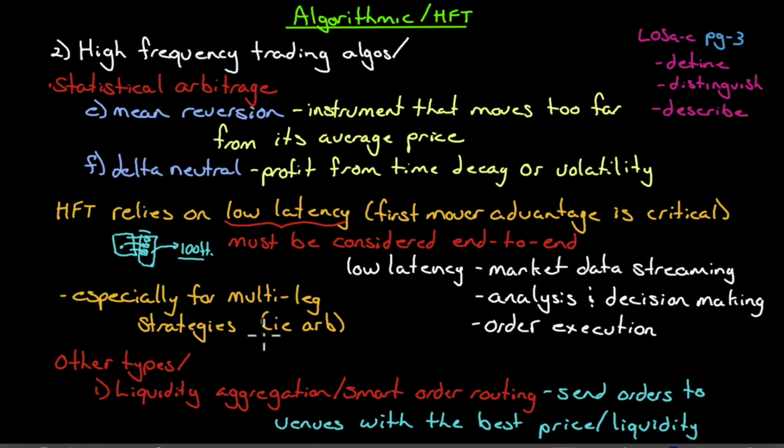If you've ever tried to put on an option strategy with multiple legs, even just yourself with your broker, and the broker that you're using does not have multi-leg execution, in other words, you have to put on all the legs yourself. So if you're doing a bear spread, you have to buy one and sell the other.